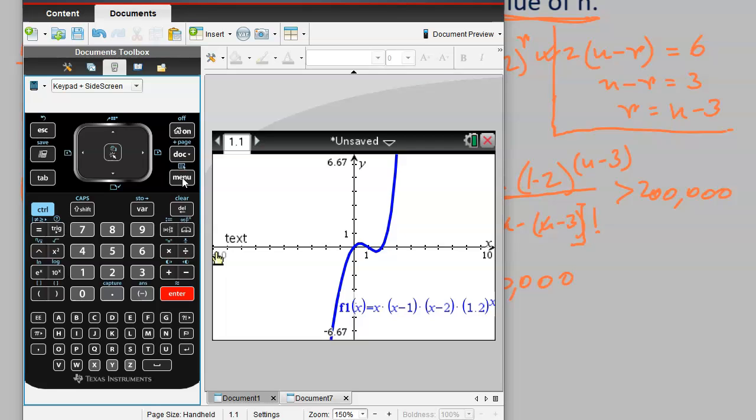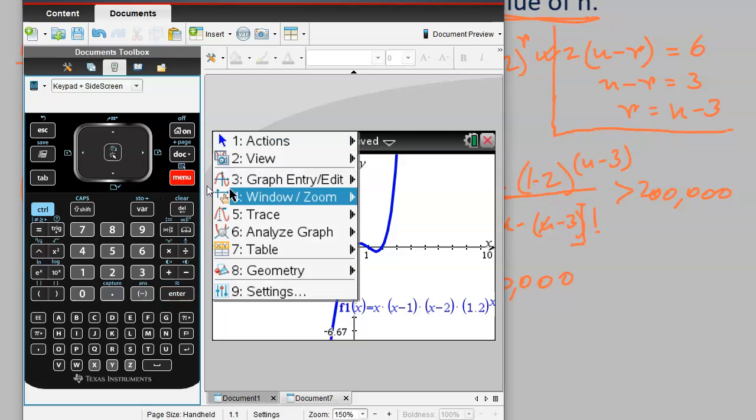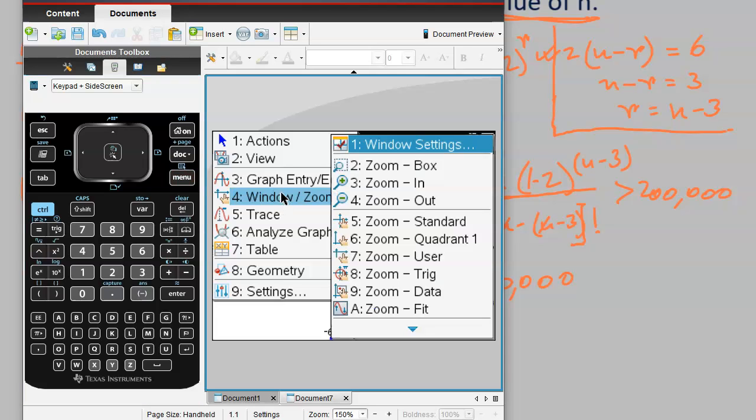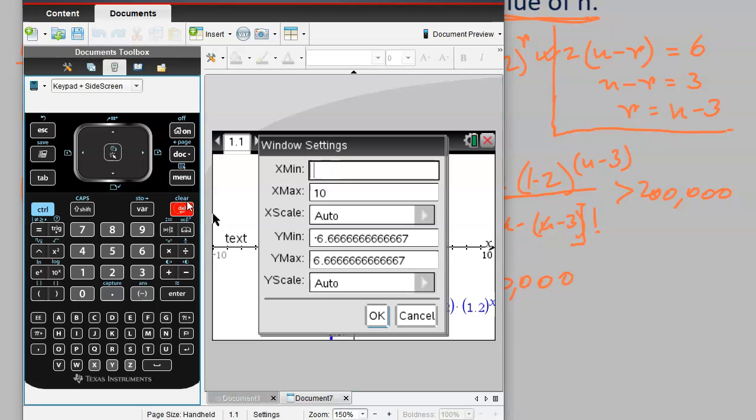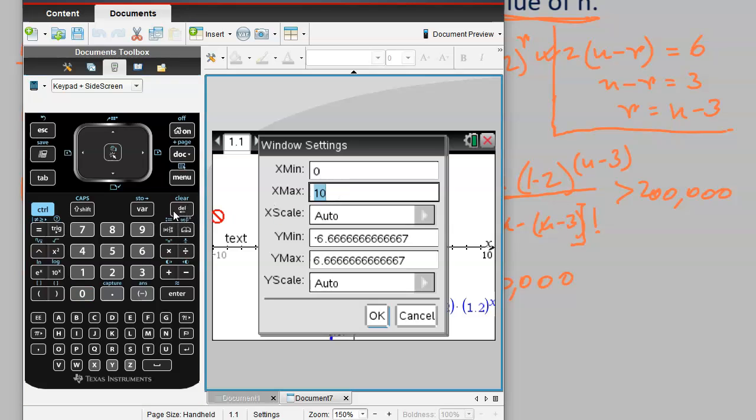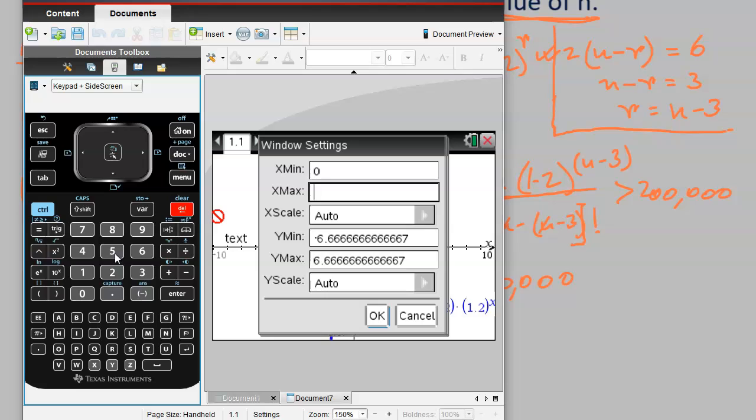Now let us change the settings, because n is greater than or equal to 3. So we do not need the negative part. Let us go to the Window settings. The minimum value is 0, and let us take the maximum to be say 50.